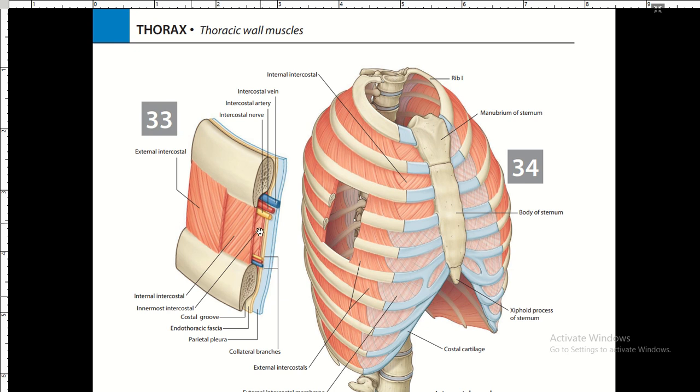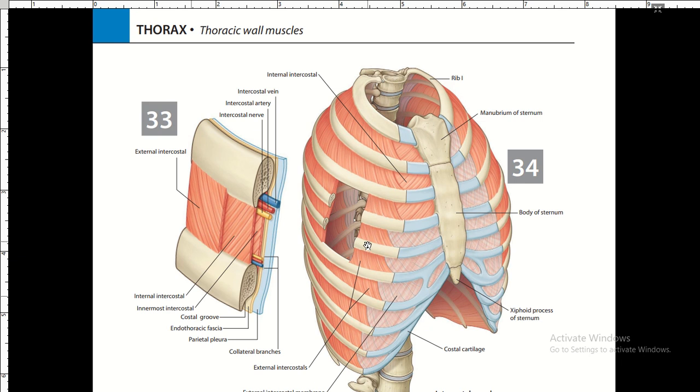So the last muscular layer is the innermost intercostal muscle. You have to take note that the innermost intercostal muscle has horizontal fibers, right? And it also has the same attachments.